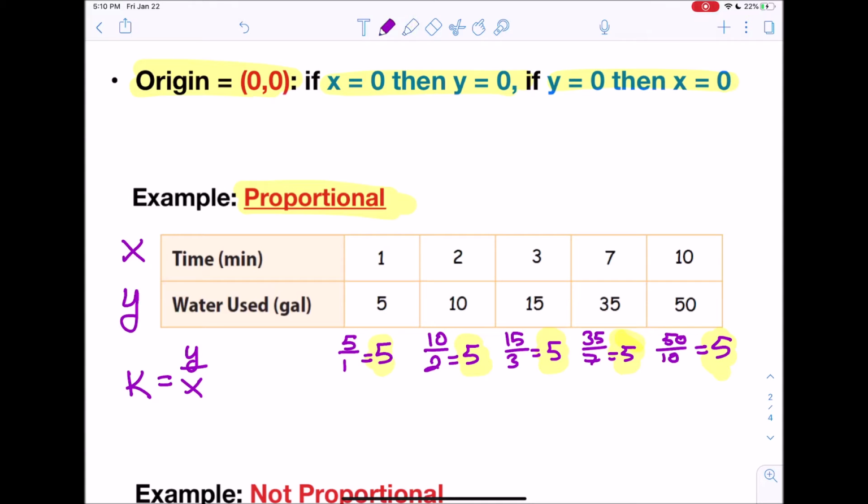Well, it makes sense that, I'll create another column. It makes sense that if you don't take a shower, you spend 0 minutes in the shower, you're gonna use 0 water, 0 gallons of water, okay? And if you don't use any water, you have 0 gallons of water you used, then you didn't take a shower. You have 0 minutes worth of taking a shower. So we can see that the origin for this table would be 0, 0 anyways. It's just not listed, okay?